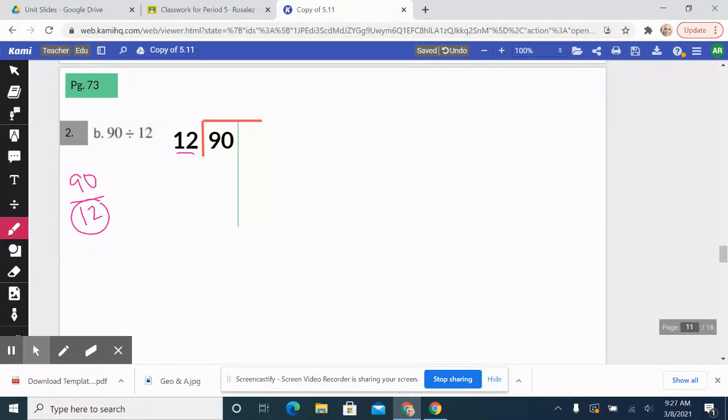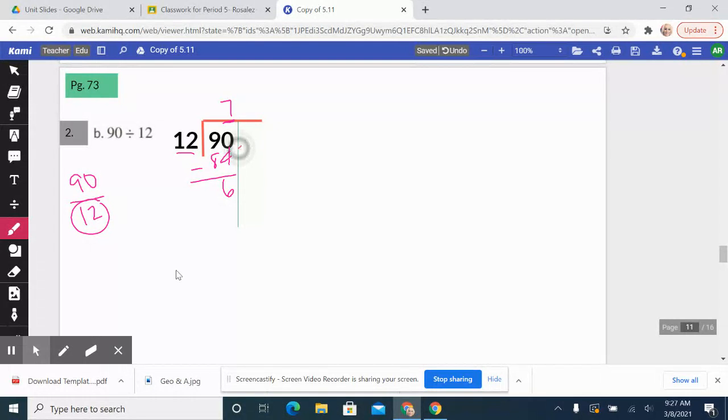Okay, so 12 does not go into 9, but it goes into 90 7 times. Take note, I am above the 0, not the 9. 12 times 7 is 84. I subtract and I get 6. Well, 12 doesn't go into 6, and I can't leave a remainder right now.